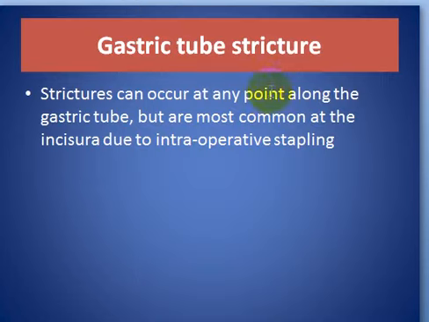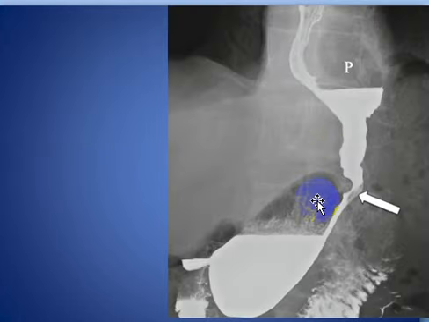Gastric tube stricture can occur at any point along the gastric tube, but is most common at the incisura due to intraoperative stapling. Here, patient with mid-gastric stricture 4 years after gastric sleeve.